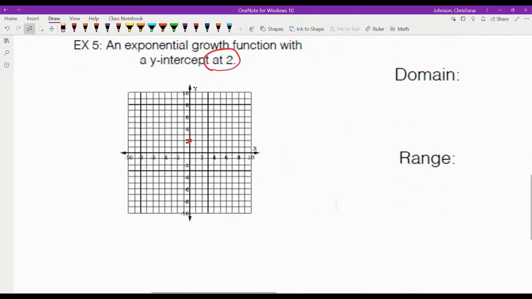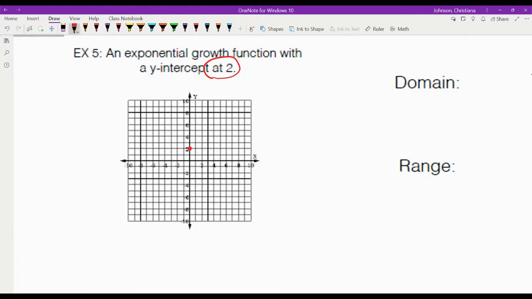So it's been shifted up by 1, which means our asymptote has also been shifted up by 1. So our asymptote is now at y equals 1. And the rest of the graph, we can just guesstimate that it kind of does this curve. Okay? So if the y-intercept goes up by 2, then the asymptote moves up by 1, because it's always 1 less, because normally it crosses at 1.